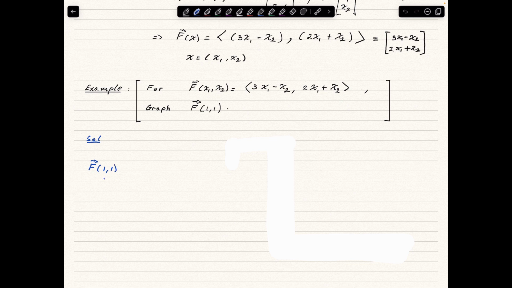This is the origin point of the vector. We will see in a minute. What happens when we put x1 and x2 equal to 1? We have 3 minus 1, and then 2 plus 1. So this is the vector with components 2, 1. These are the vector components.